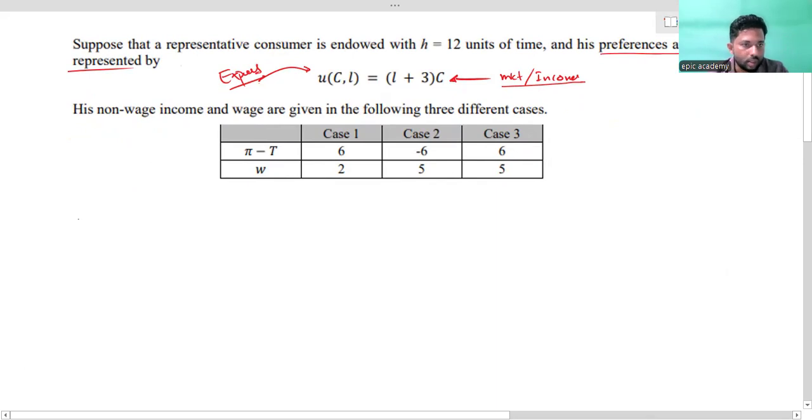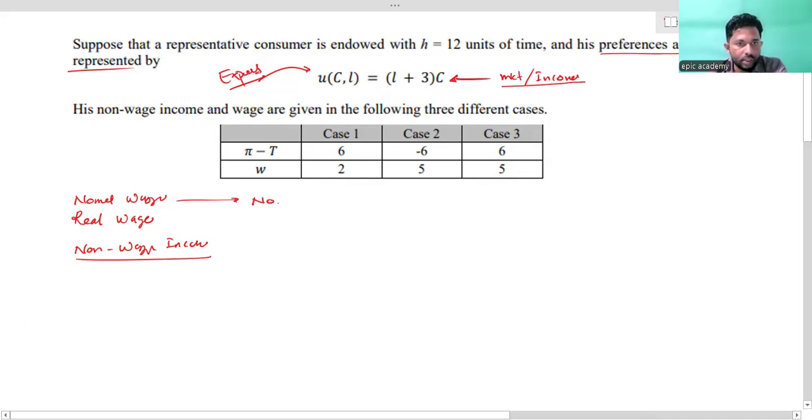First one is real wage, and nominal wage, and non-wage income. First of all, we will discuss nominal wage. You can say financial income also. It is similar to the nominal wage.